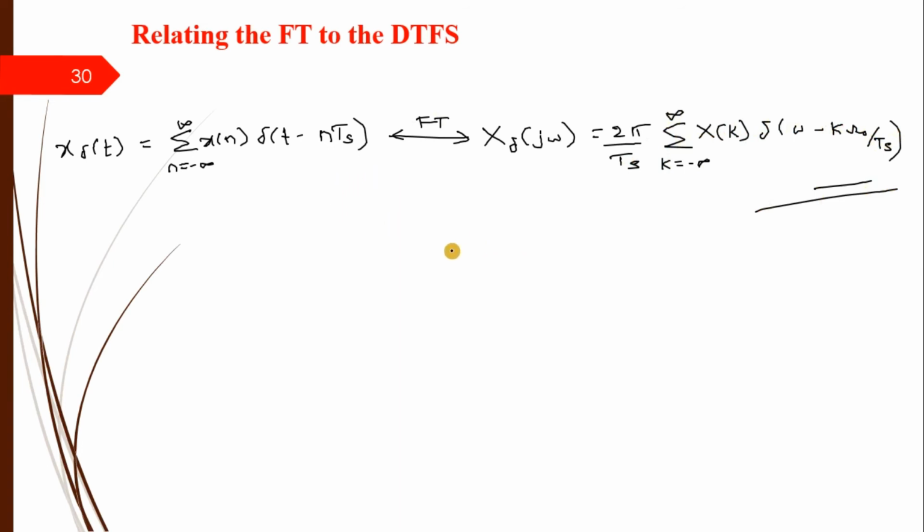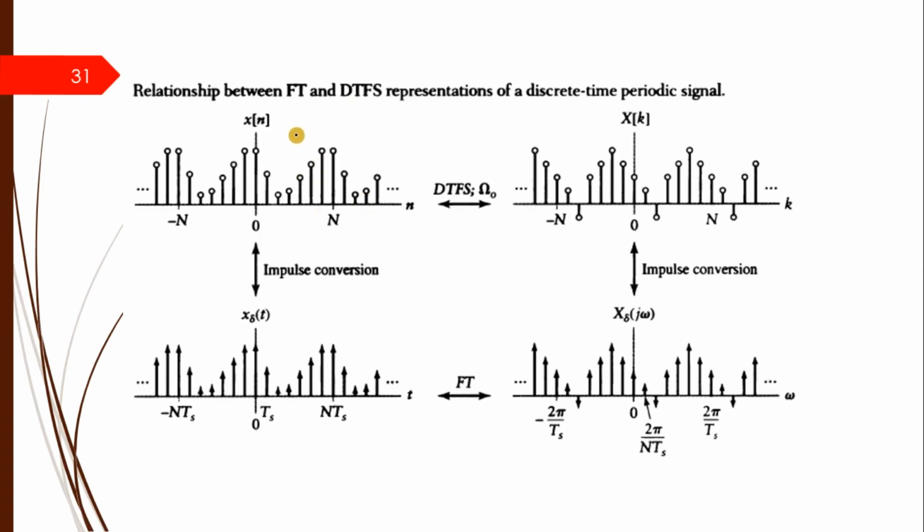Okay, now the diagrammatical explanation. If any signal is given like this, a periodic signal, we apply DTFS with a fundamental frequency omega naught. We were getting the frequency components in this fashion as x of k.